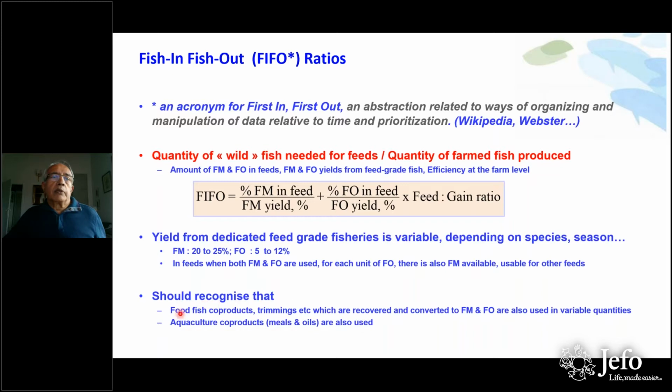Another issue is food fish co-products. For at least 5 years, trimmings have been recovered and converted into fish meal and fish oil, and they are also used in many fish feeds, at least in Europe. Aquaculture crop products and salmon oil can also be used in aquaculture.